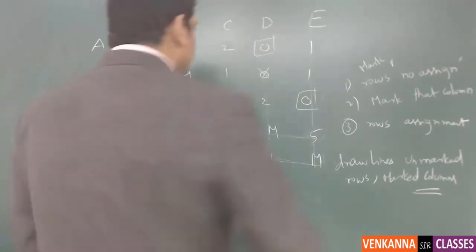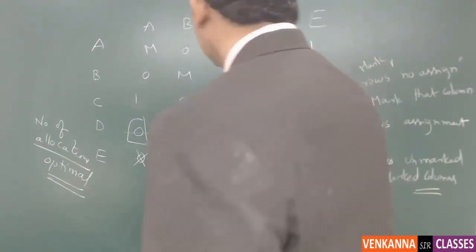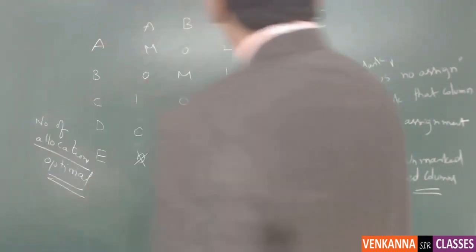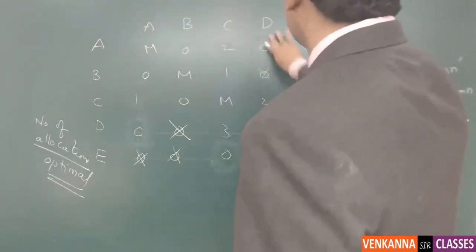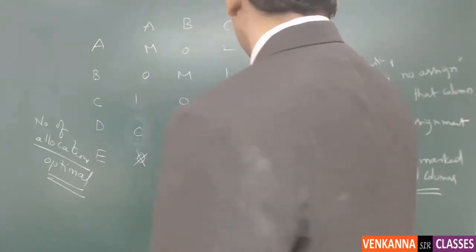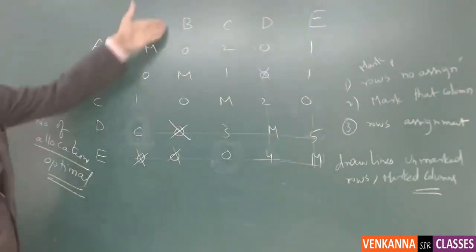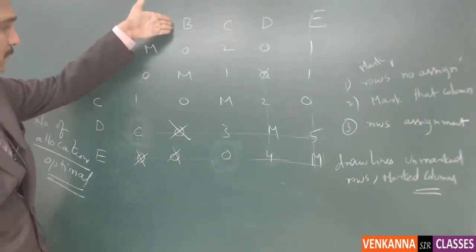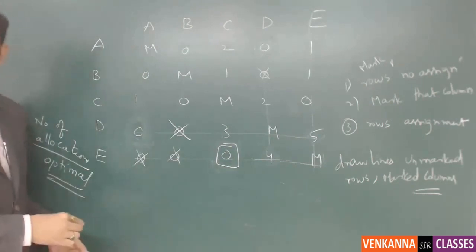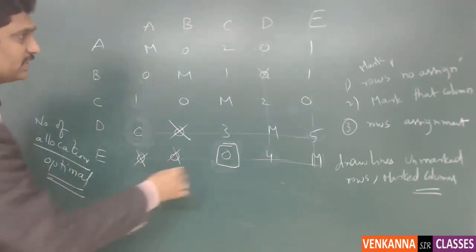So if you have done this, let us erase the values. It contains 2 zeros, won't go for this. It contains 2 zeros, 2 zeros, 2 zeros. And if you go with the columns here, it contains 1 zero. And we will cross this.